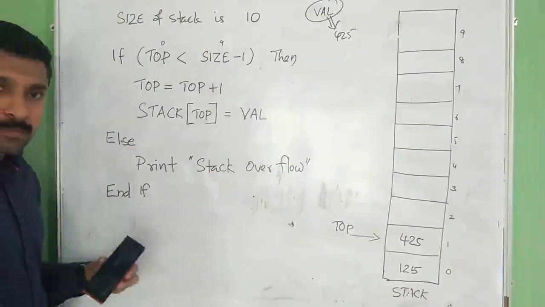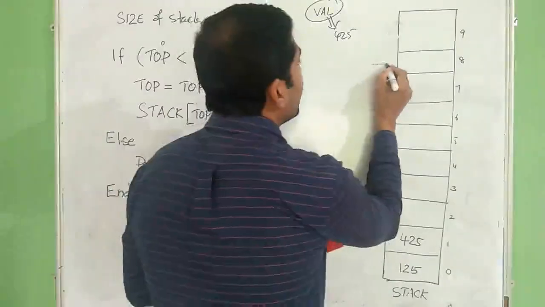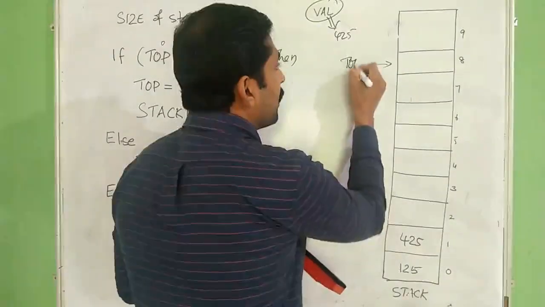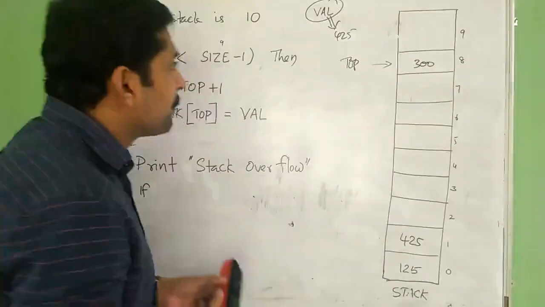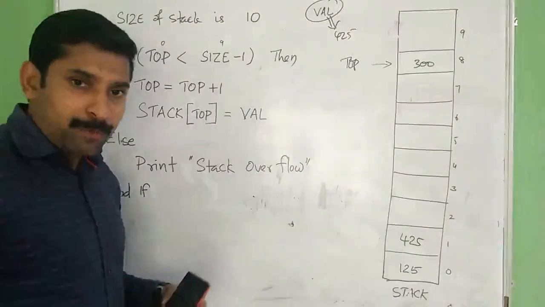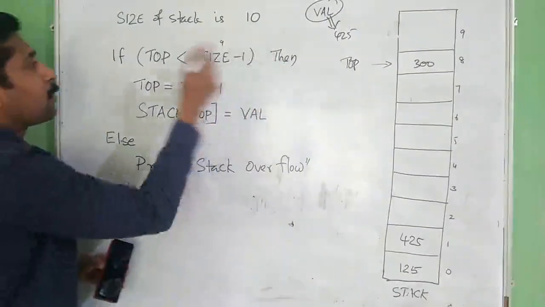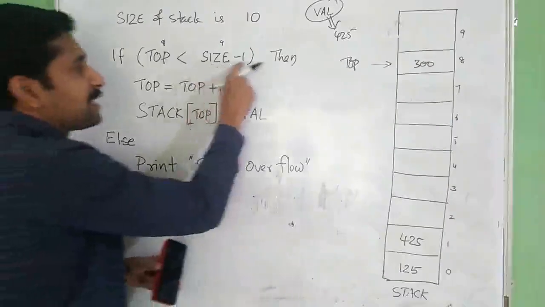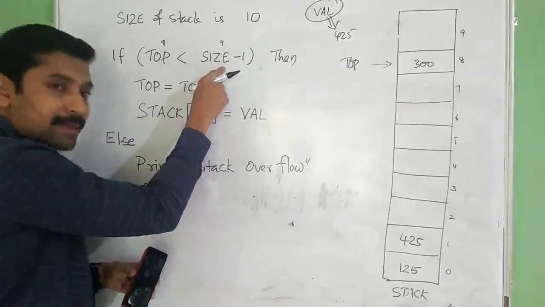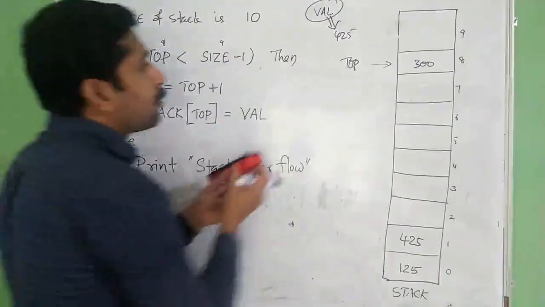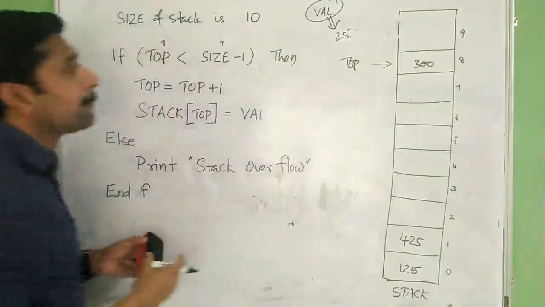That continues. Suppose this is the top position, and we have an item 300 here. Now again we are performing a push operation. What is top now? Top is 8. Size - 1 is 9. So top is less than size - 1? Yes, so we are going to add a new item. Let it be 25.